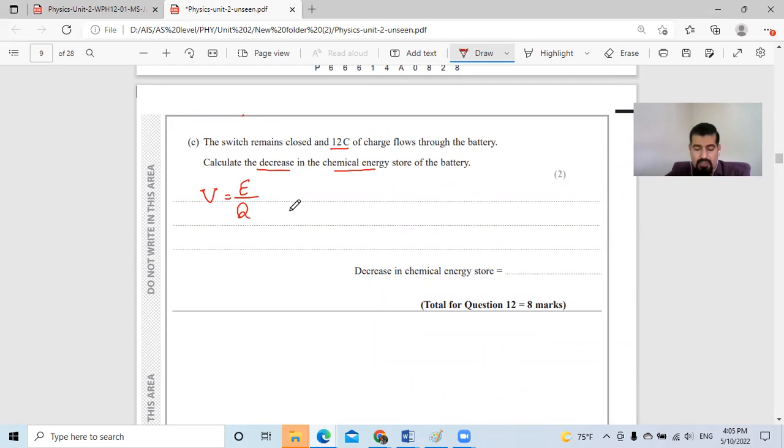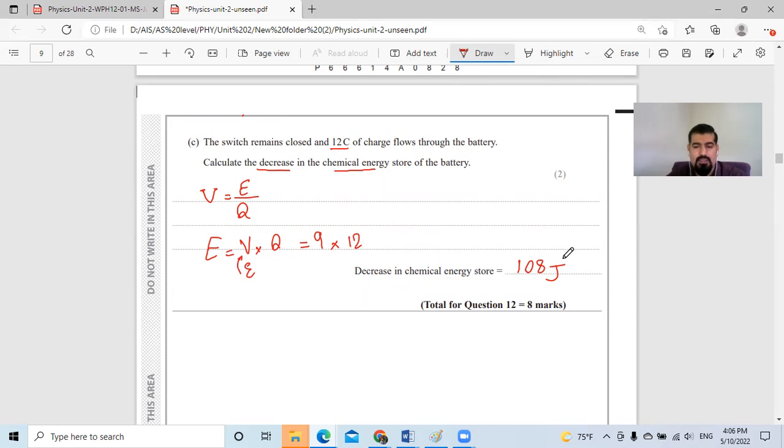So the voltage for the battery is the amount of energy given or used for the charge. If we do cross multiplication, energy equals voltage multiplied by charge, where the voltage is 9, the EMF. So 9 multiplied by 12, and the answer will be 108 joules.